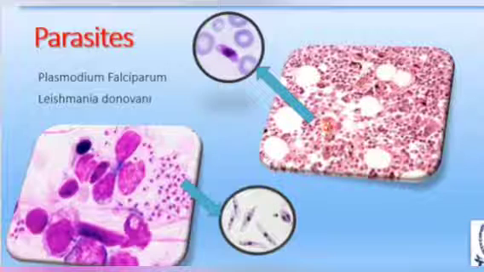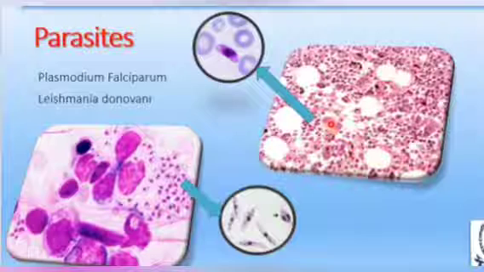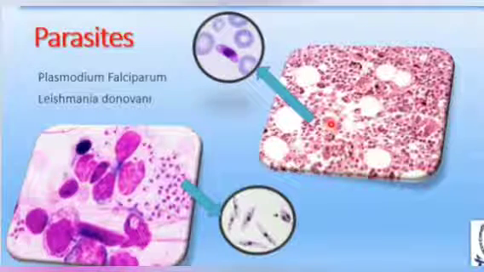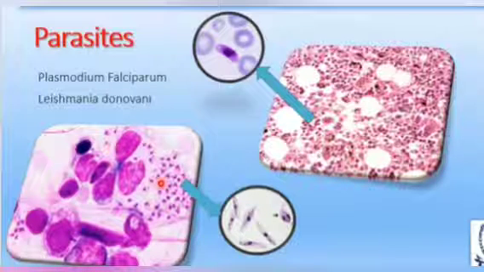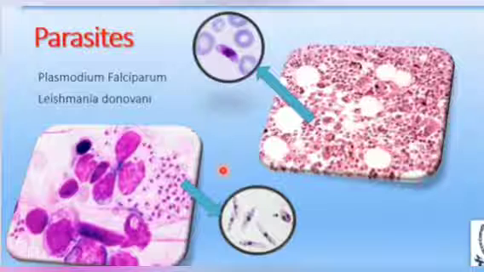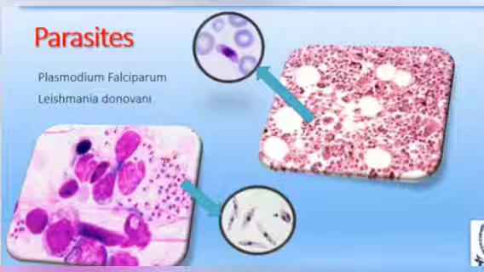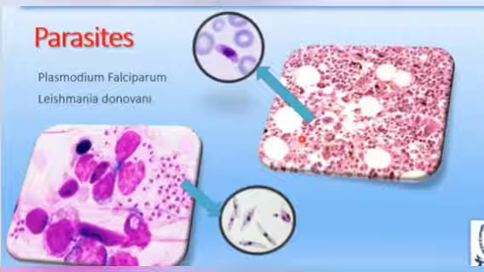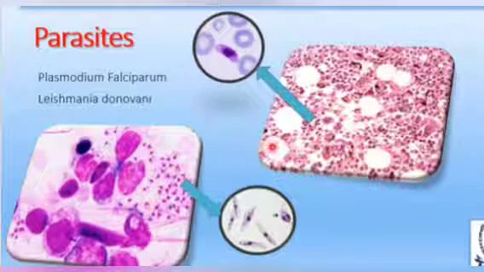So this is Plasmodium falciparum, which tends to sequestrate in the bone marrow, and similarly you are looking for Leishmania donovani. These are parasites which are sometimes present in the bone marrow, and sometimes we are dealing with other disease and we miss such a parasite. This also has some importance in the bone marrow examination.